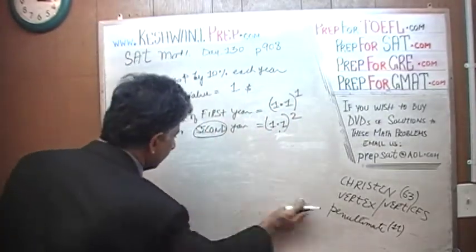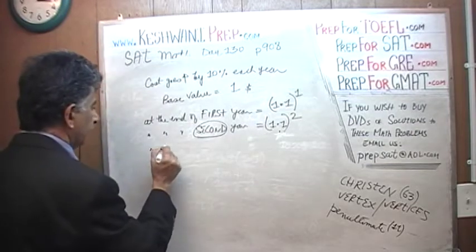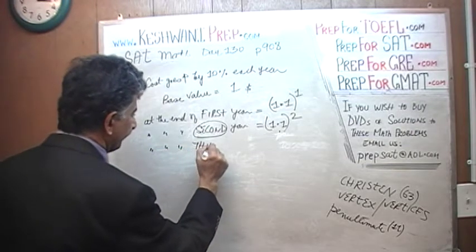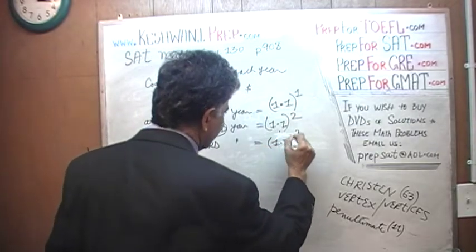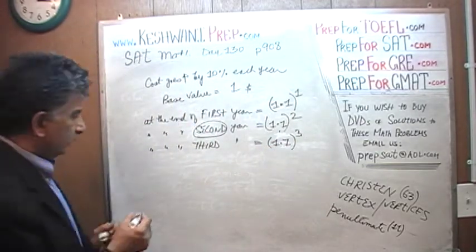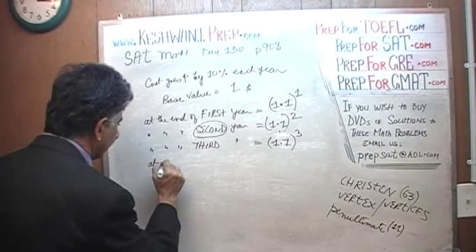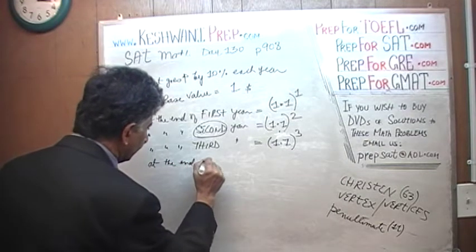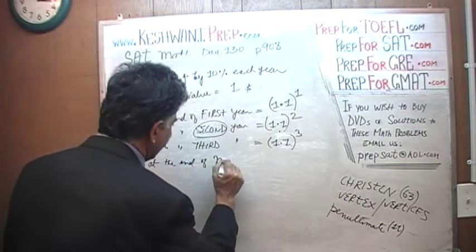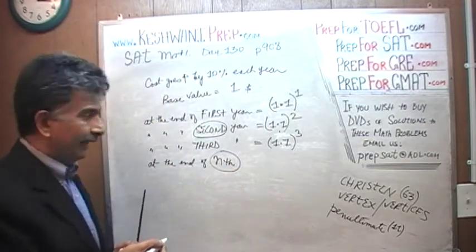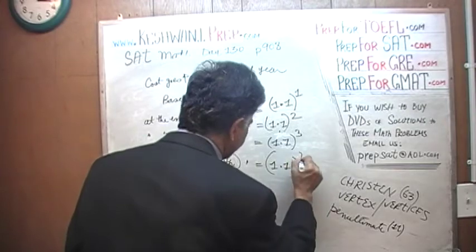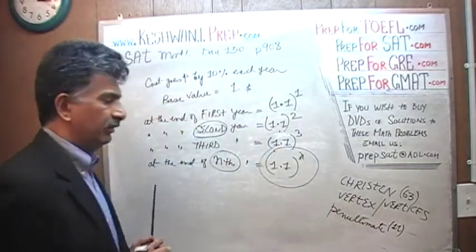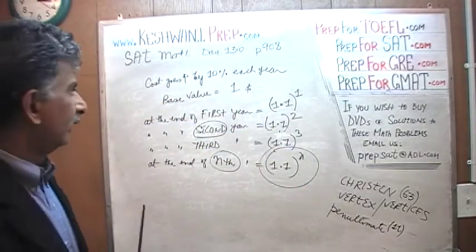Similarly, at the end of the third year, it is going to be 1.1 raised to 3, and so on and so forth. At the end of the nth year, it is going to be 1.1 raised to n. That's going to be your cost, 1.1 raised to n.